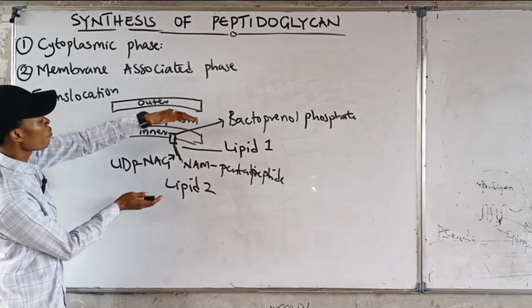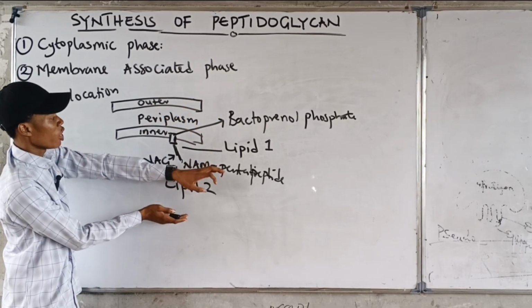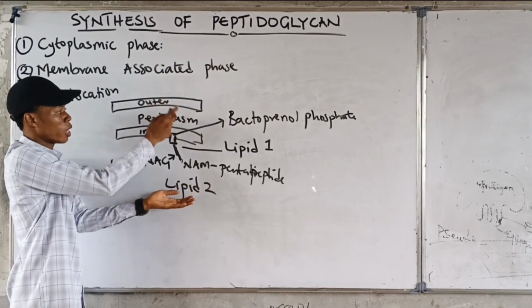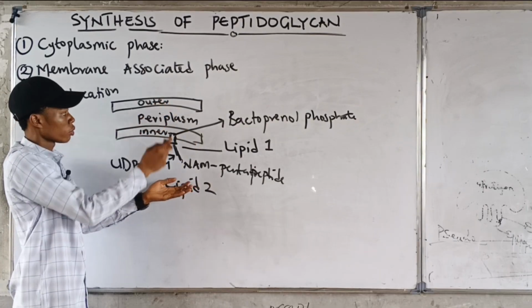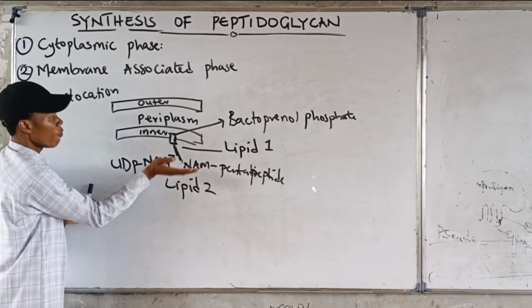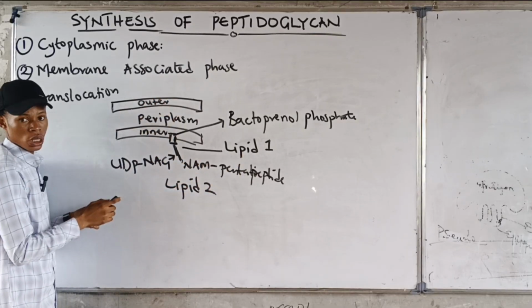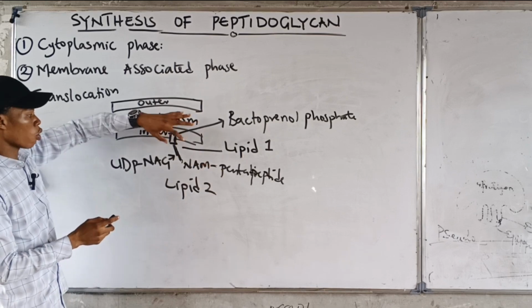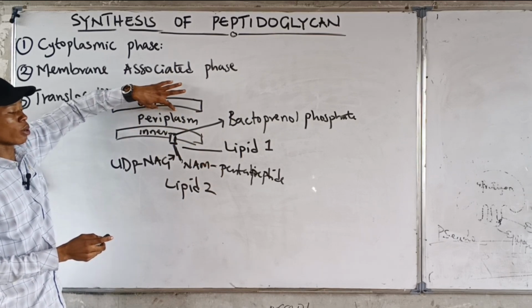Now in the next step, we flip this thing we have here into the periplasm, into the periplasmic space. So we'll not be having it here again, but now everything here is transported to this periplasm.